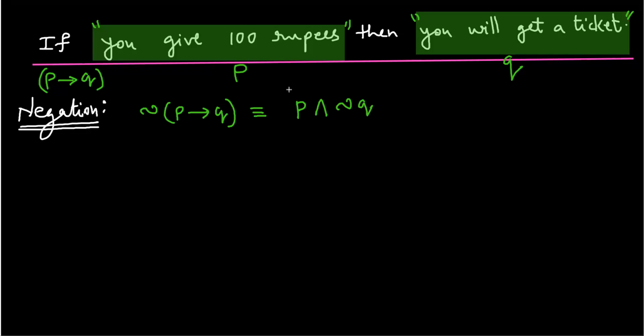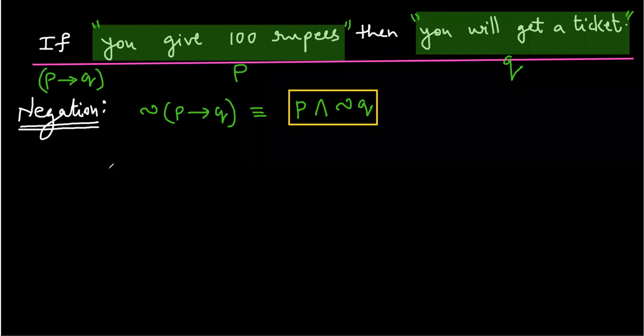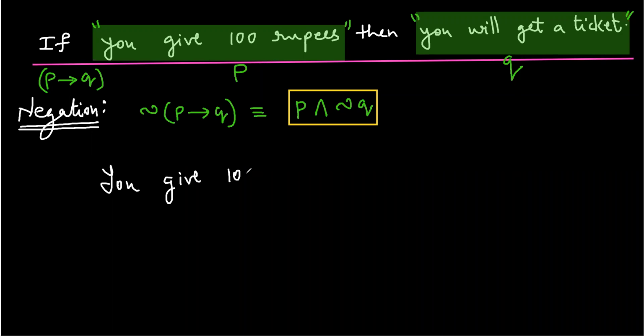So be careful. What will be the negation of this verbal statement? Let us write the negation of the above verbal statement. See, P and not Q. What is P? You give 100 rupees. So P as it is: you give 100 rupees and negation Q. What is Q?